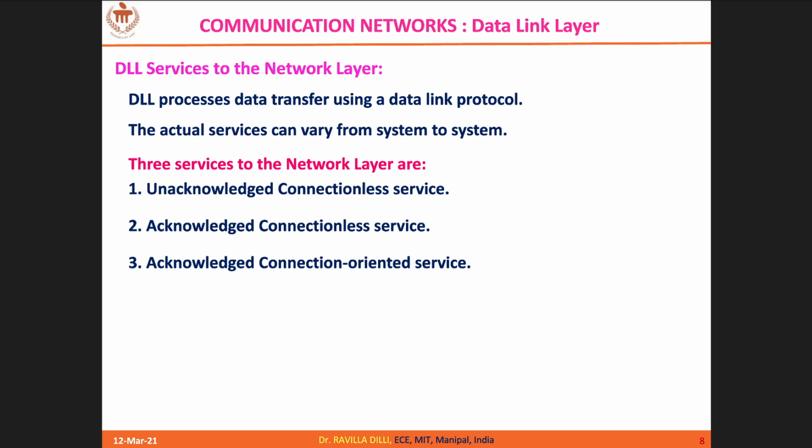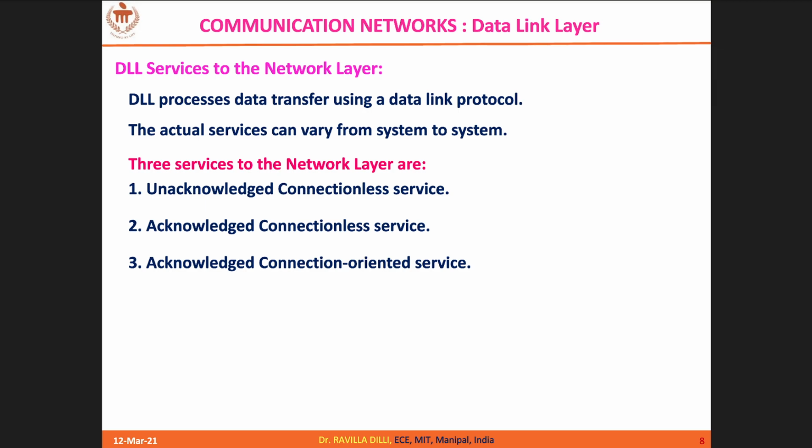For example, if you take wired LAN, the distance is very short, and since it is a wired connection, the errors are very few. Maybe out of 1 lakh or 10 lakhs, there may be hardly one bit error. So in that case, you can go for unacknowledged connectionless services.